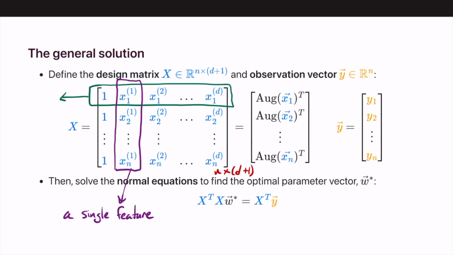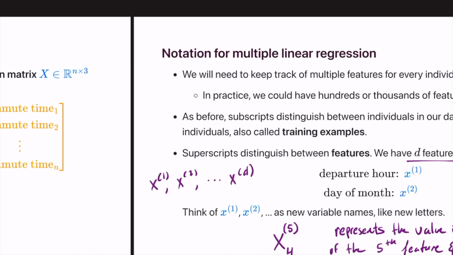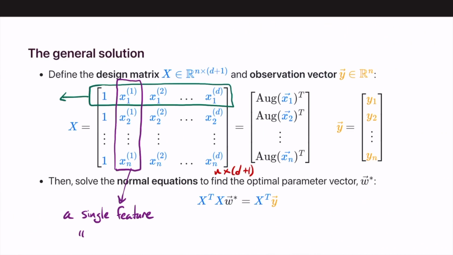a single feature. So for example, pick any of these ones, departure hour. And our rows in our design matrix is equivalent to a training example. With the caveat, well, okay.